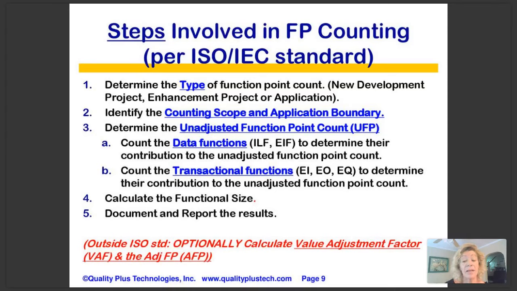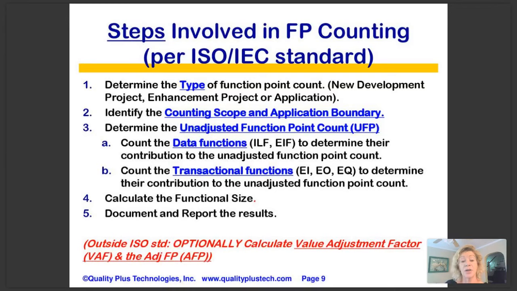Second thing we do is we identify the counting scope and the application boundary. Now remember, the application boundary is a conceptual interface. It's not determined by the hardware, it's not determined by physical things, it's determined on functionality. Users, or actors in object-oriented, are outside my application boundary. So what we have inside is my internal logical files, and we have external inputs crossing the boundary inside.